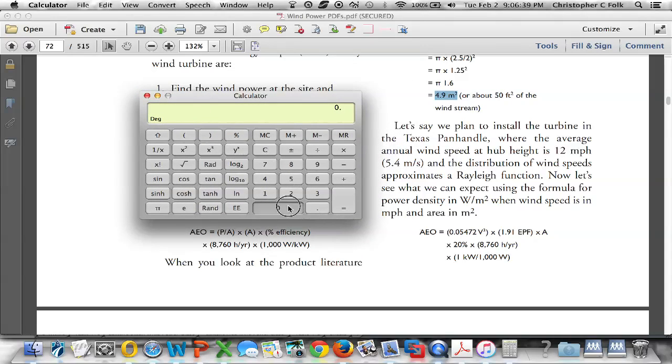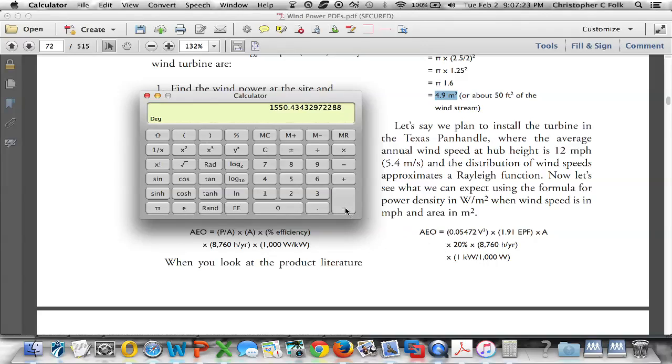We'll take 0.05472 times 12 miles an hour raised to the third power, that's cubed, times 1.91, times 4.9 square meters, times 0.2 for my efficiency, times 8760 for the number of hours in a year, and times 0.001, which is 1 kilowatt divided by 1,000.